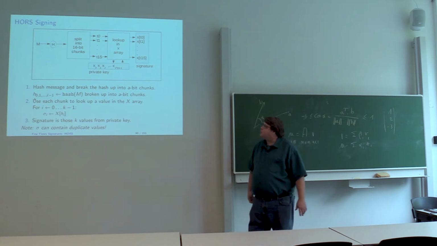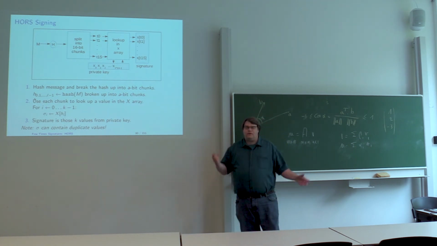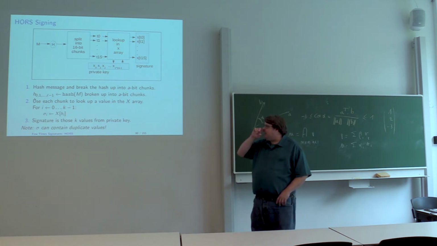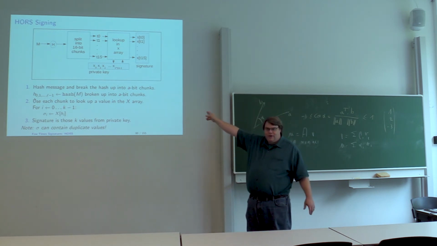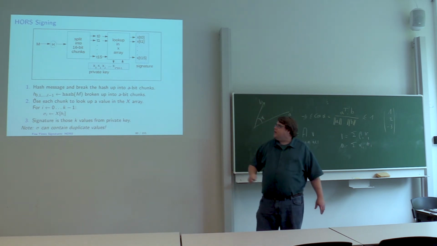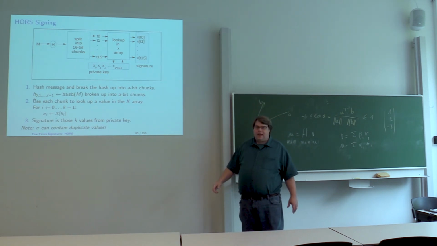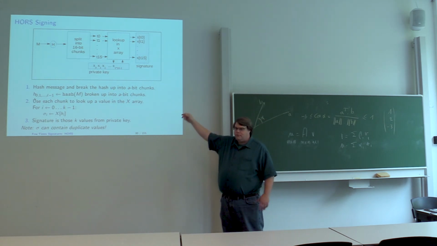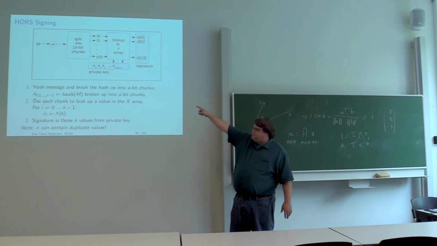Then we use each of those 16-bit chunks as an index to look up an entry in an array, and the array is these 2 to the 16 secret values, right? So each input is just an index into an array. So if T0 is 14, then I choose the 14th entry, well, the 15th because I'm numbered from 0, of the private key array, okay?